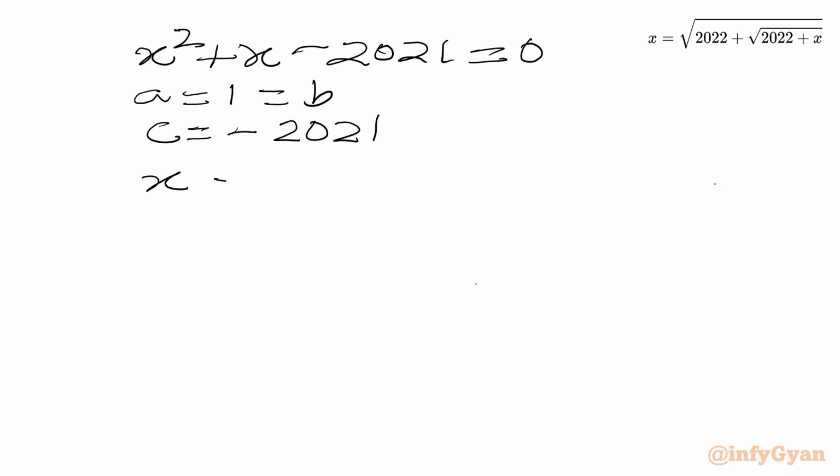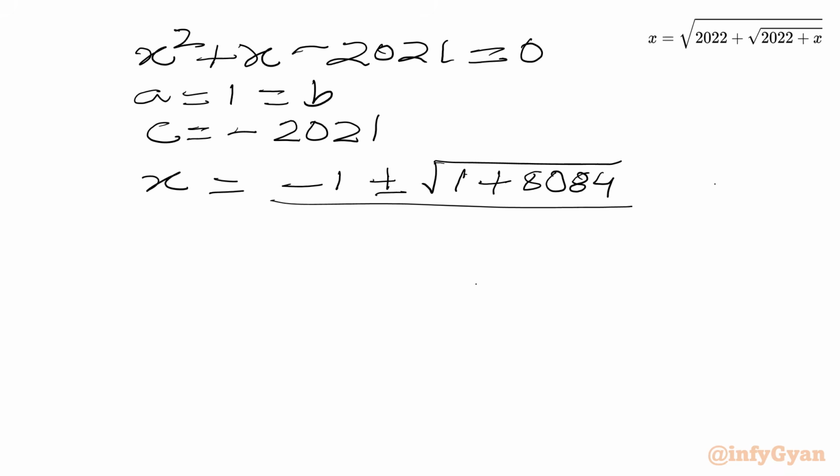So we will get x equal to minus b, minus 1, plus minus the square root of b square, 1 square, 1, minus 4 times 1 times minus 2021, which will be equal to 8085 over 2 times 1, which is 2.